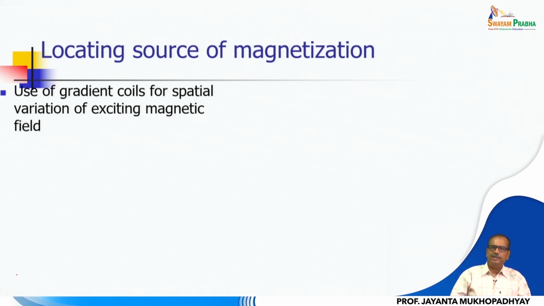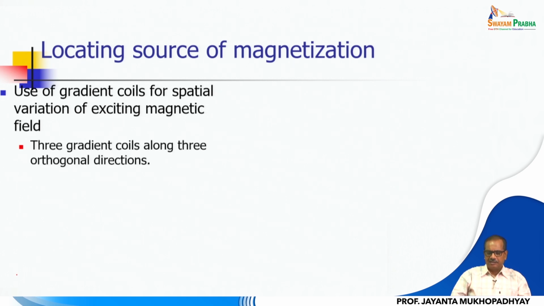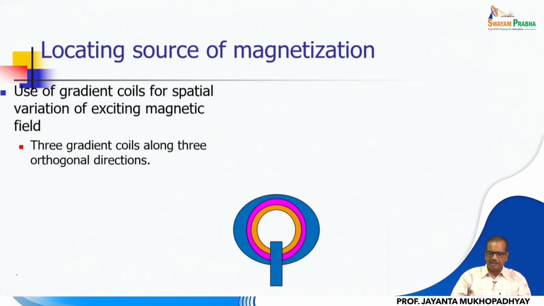So what we do, we use the gradient coils for having spatial variations for exciting the magnetic field. Here we use 3 gradient coils along 3 orthogonal directions. If I consider this schematic diagram, this is the Z direction, because it is cylindrical, along which a subject is lying.